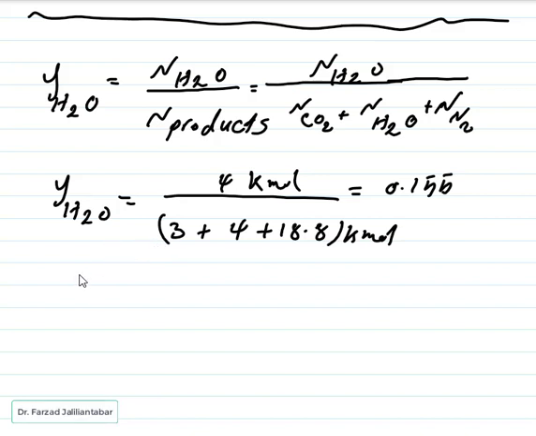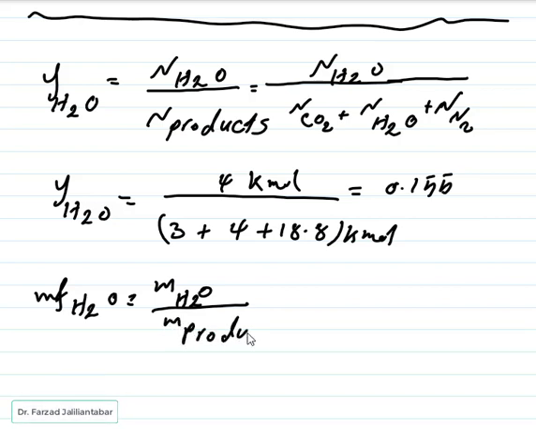What about the mass fraction? Mass fraction for the H2O is exactly similar to the mass fraction of the CO2. So we can again write like this: mass of H2O divided by mass of the products.